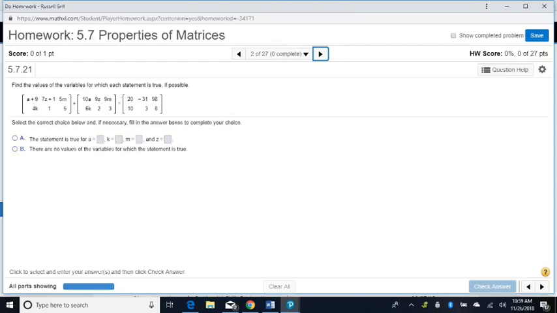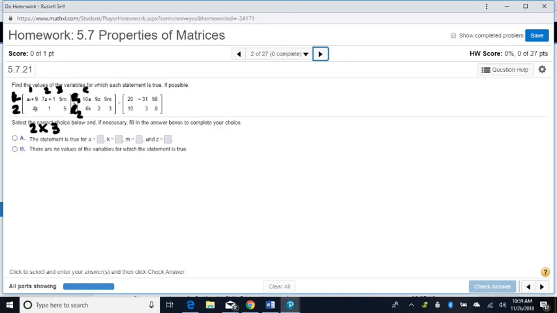First of all, let's make sure they're the same size. This is 1, 2, 3, and by 2, right? So there are 2 rows, 1, 2, 3 columns, right? So that makes that one a 2 by 3. Here, there's row 1, row 2.